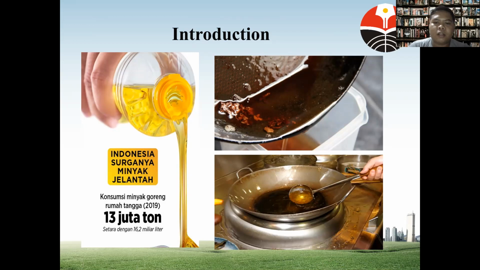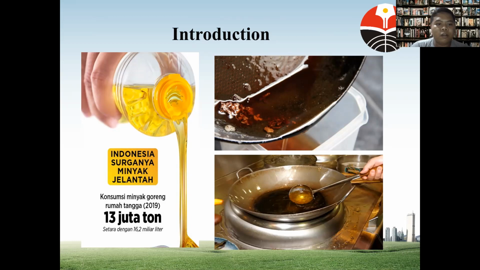According to health standards, cooking oil should not be used repeatedly because it makes the chemical composition of the oil change, increasing the number of acids and peroxides and producing carcinogenic compounds that occur during the frying process.